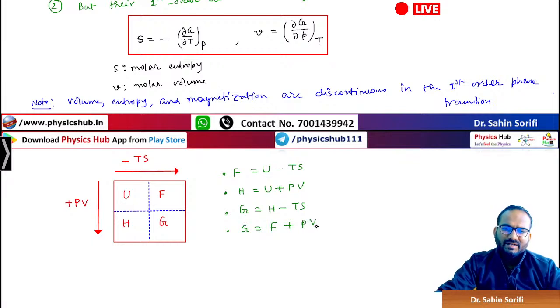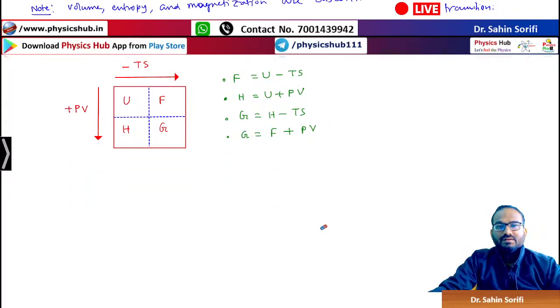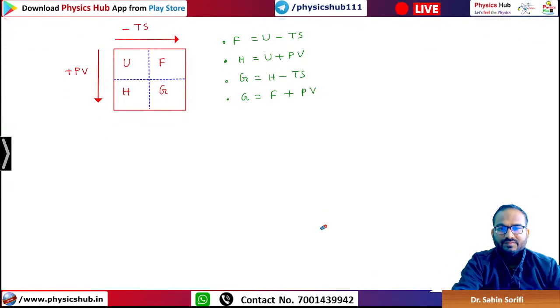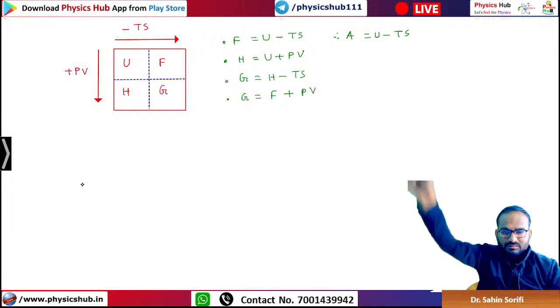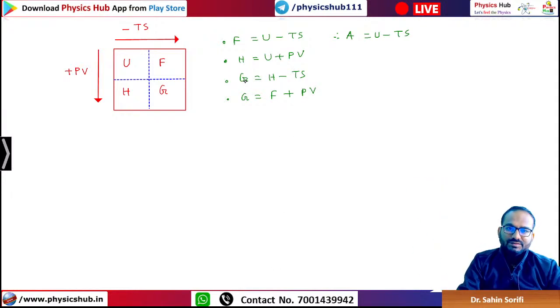F we denoted by A, right? We have taken an alternative symbol for F, that is A. So A is equal to U minus Ts, and ultimately G is equal to A plus PV.